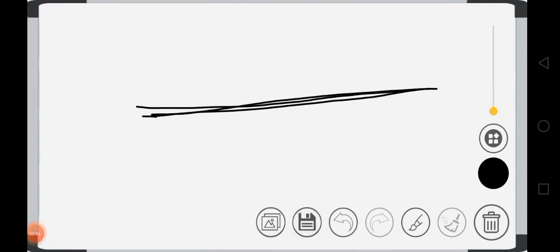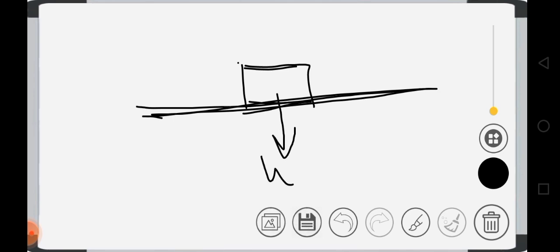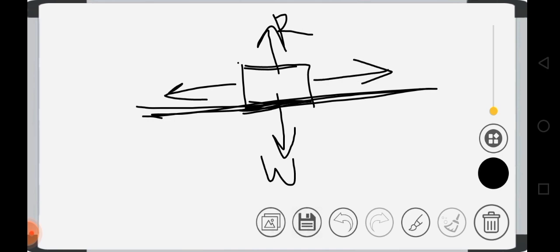Don't forget, if you have a surface and a mass on top of this surface, the weight is acting downward and the normal reaction will be acting upward. This weight will not slip to either side because of frictional force.